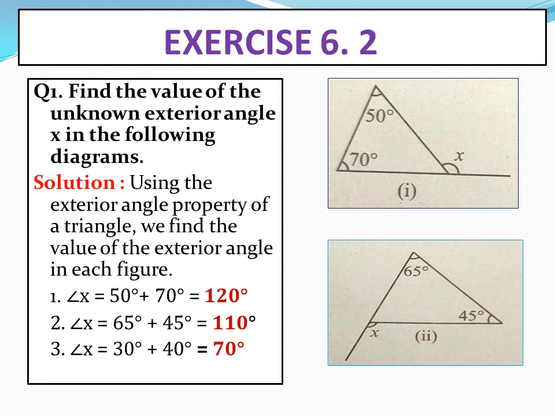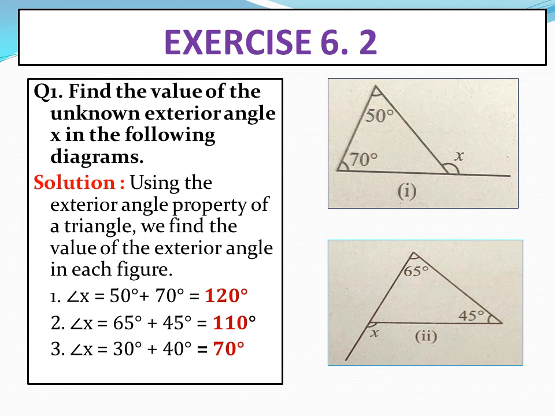Now, second question. Look at the diagram properly. One angle 65, another angle 45, and x is an exterior angle. So we have to find the measure of x. For that, the interior opposite angles are given, 65 and 45.